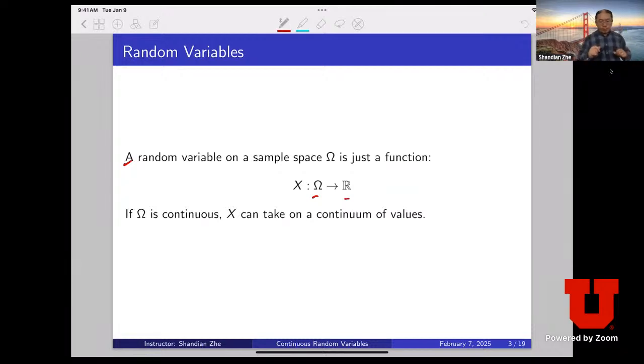So we have spent a few lectures talking about discrete random variables, which basically means that omega, the sample space, is discrete and finite. For example, you flip a coin, you only see head or tail, so your sample space only contains two elements. If you do binomial experiments, meaning that you flip the coin multiple times, you will see a sequence of heads or tails.